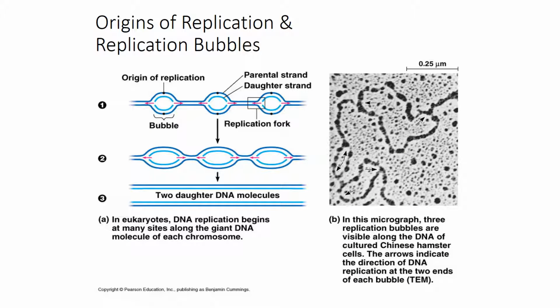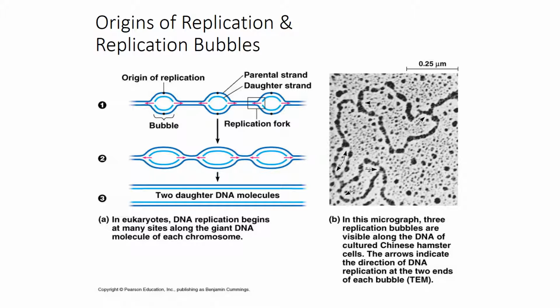So here is a picture of both a scanning electron micrograph and a cartoon of DNA replication in eukaryotes. And as you can see in diagram number 1 at the top, there are 3 points of origin of replication there.